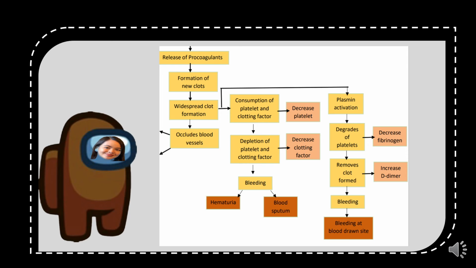Another thing that causes bleeding is plasmin activation. Plasmin is a fibrinolytic agent, and when activated, the mesh or the clot formed during hemostasis breaks down. It will degrade and destroy the clotting factors. That is why fibrinogen level decreases, and the clot formed will be removed.